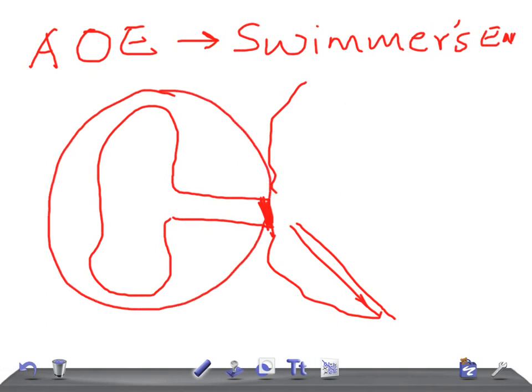If there is diffuse inflammation of this, then we call it otitis externa, AOE. Okay guys, so these are the basic things. Let's move on to the etiology and pathogenesis.